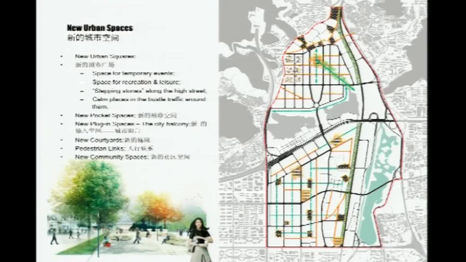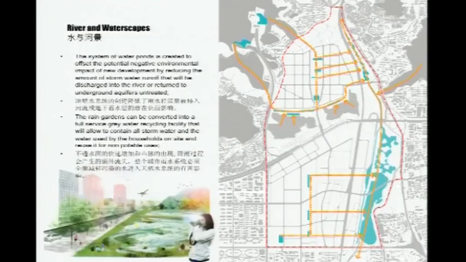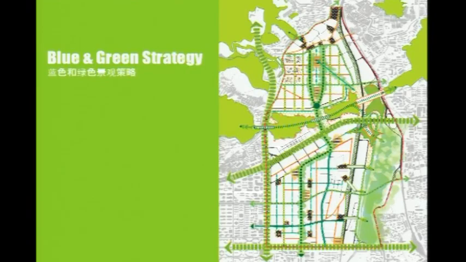We also integrated the water system, so that water is on one hand an additional attraction to the public space network, but also works as a sustainable system to deal with surface water within this system. So it all the time has these two levels, not only the aesthetic one you can see here.